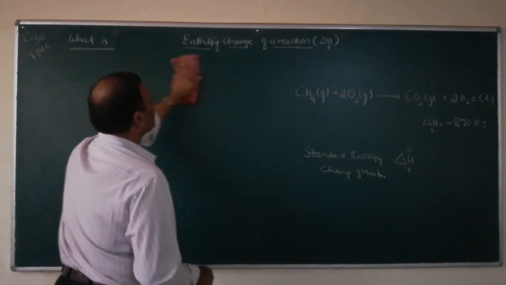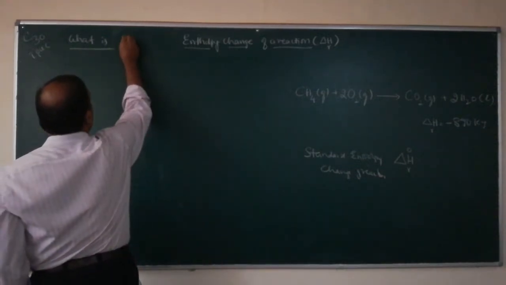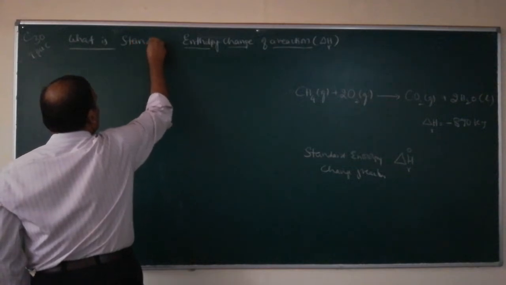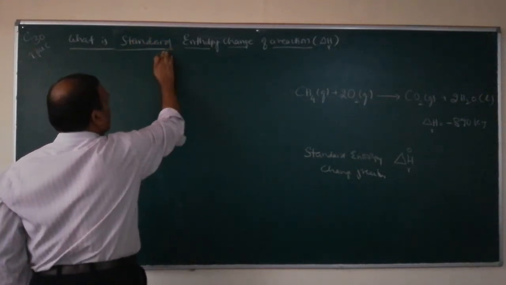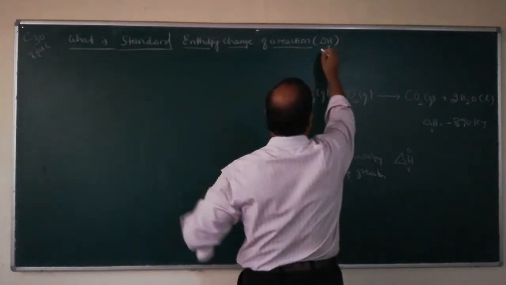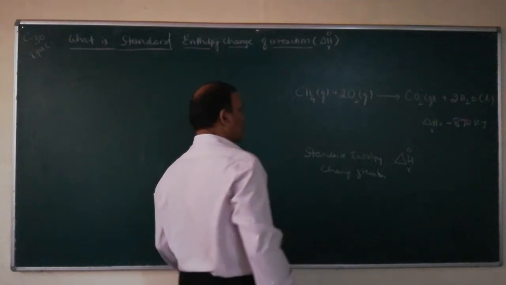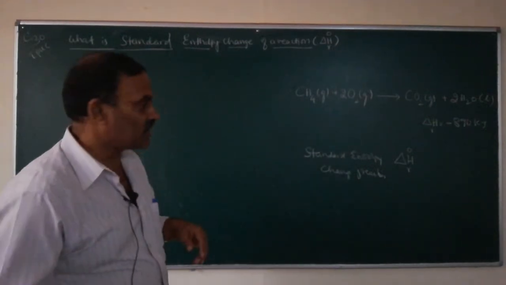What is standard enthalpy change? Standard enthalpy change of a reaction, delta H naught R. It is denoted as delta H naught R.